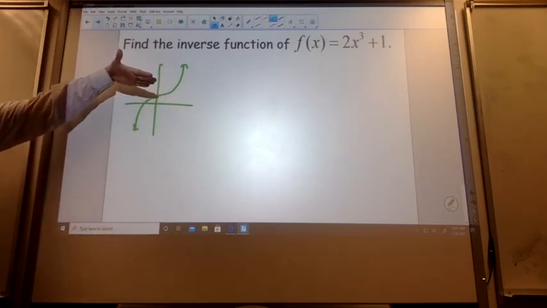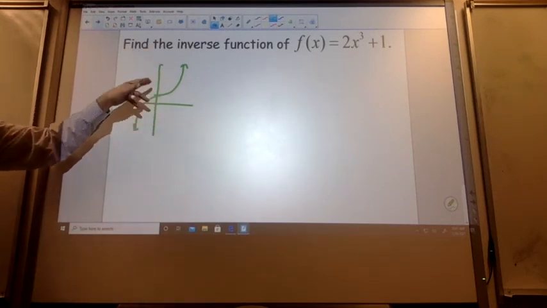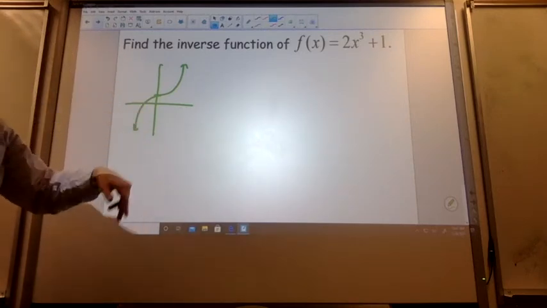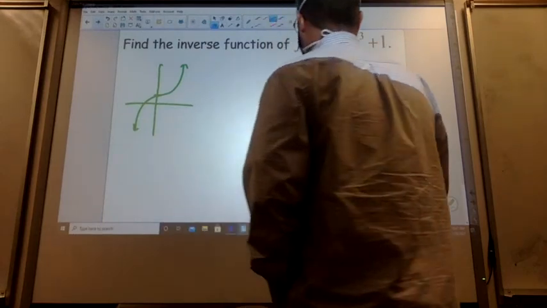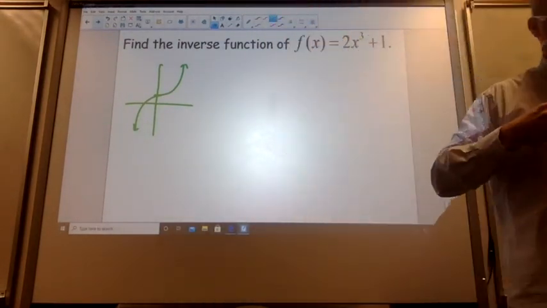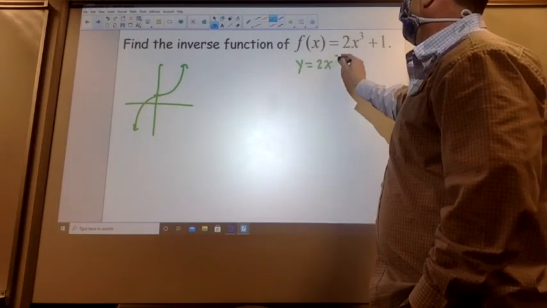This does not become a horizontal line. This is a smooth curve. This point here in calculus is called a point of inflection, but that's a year or 2 from now. So first thing, I'm not going to restrict it because it's to the third power. I'm going to get y equals 2x to the third plus 1.